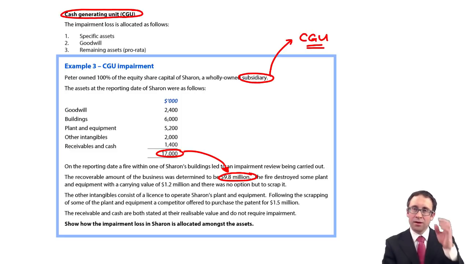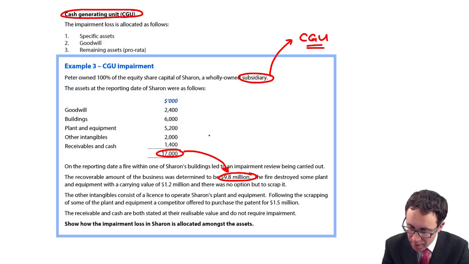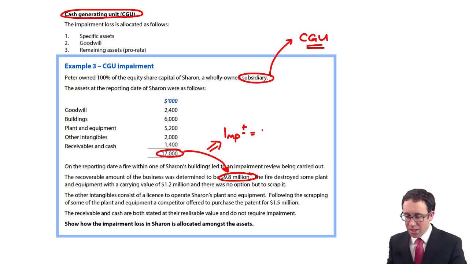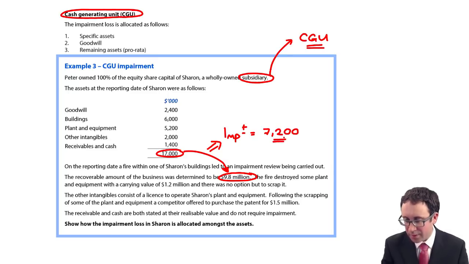The carrying value of 17 million is greater than the recoverable amount of 9.8. So does that mean we have an impairment? The impairment is equal to the difference, 7.2 million.